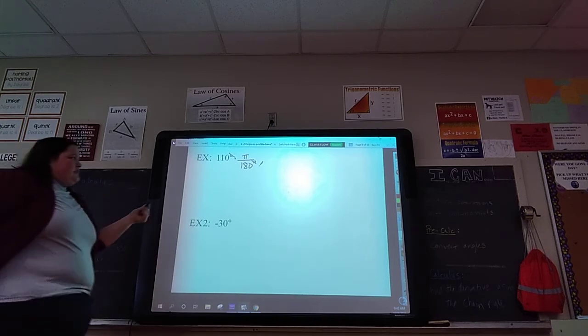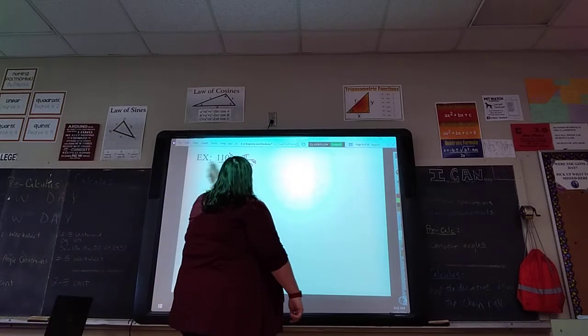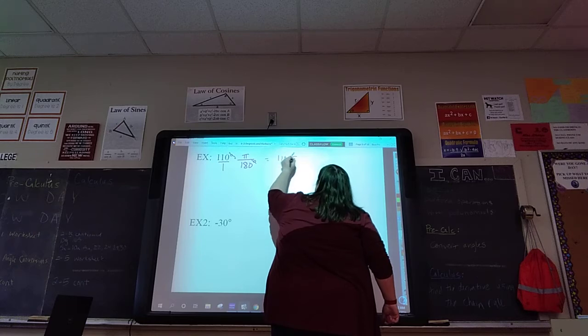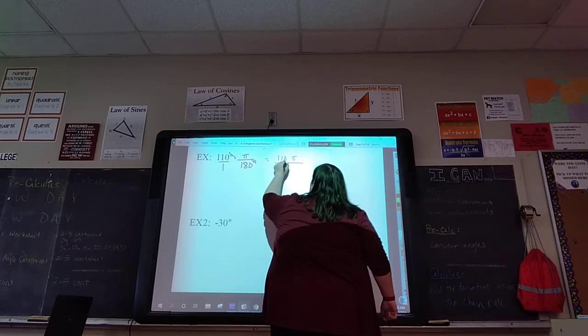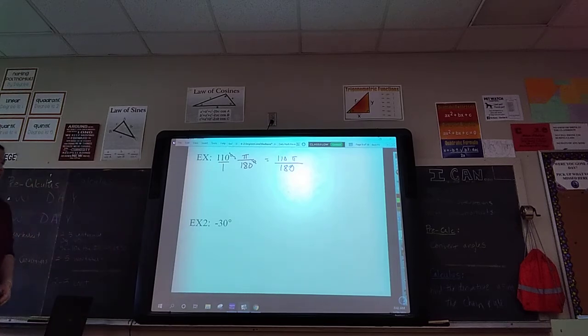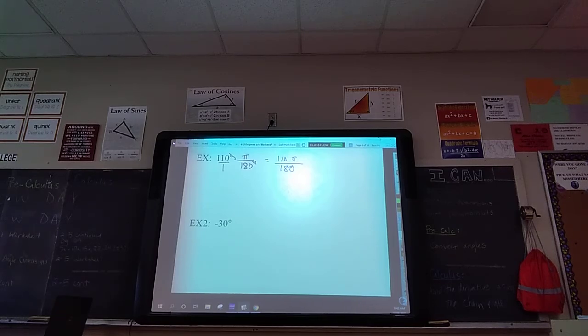So you treat it like a fraction and multiply straight across. So it's 110 pi over 180. We usually leave pi, because we want an exact value, but we can simplify a little bit.